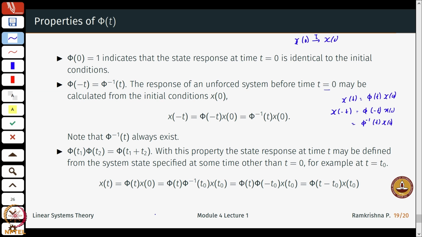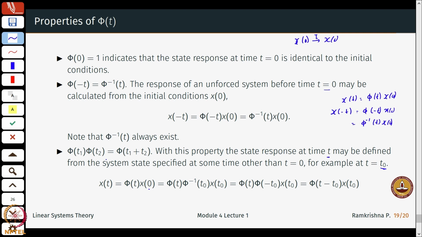What does this property tell me? With this property, the state response at any time t may be defined from the system state specified at some other time than t0. For example, I do not know what is the state at time t equal to 0, but I know it at some t equal to t naught. So, how do I find that? I do not know this information, I do not know what is x at 0, but I know what is x at some arbitrary time t naught.